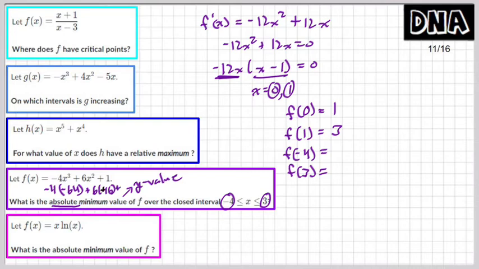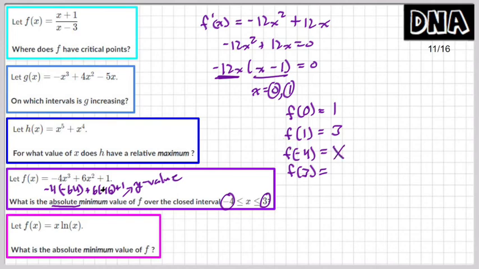And then I had the plus 1. Okay, check that out. That's going to be positive, that's going to be positive, that's going to be a positive 1. So we're just going to get a really big positive number, which is clearly greater than 1, right? So 1 would be smaller than that. So I don't even care what we get for negative 4. So let's skip that one. This one's out.